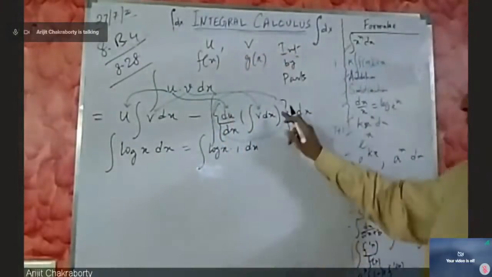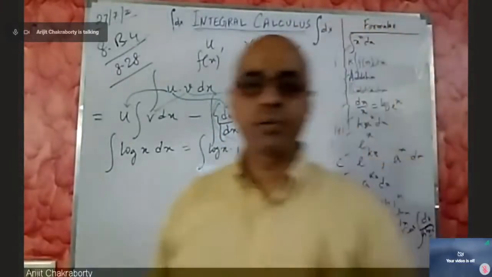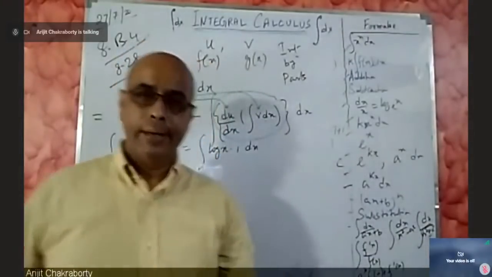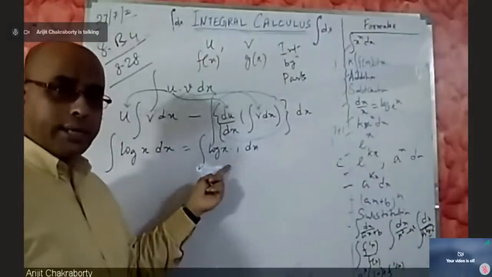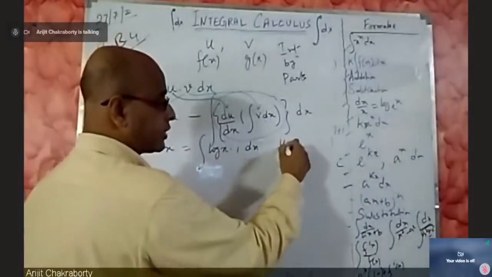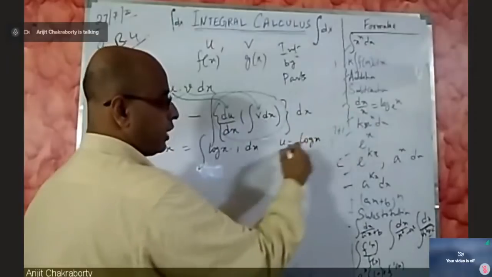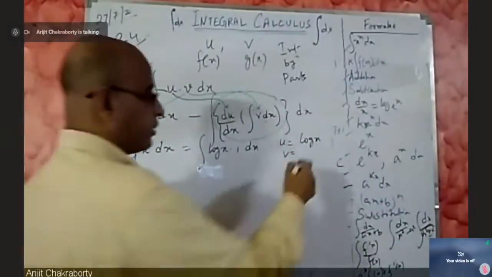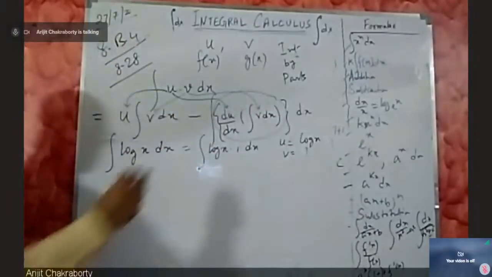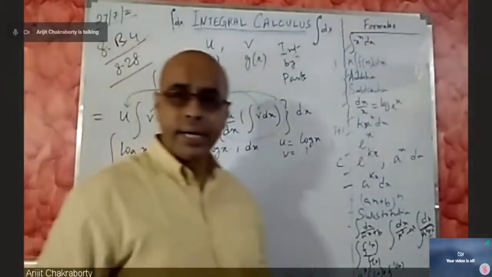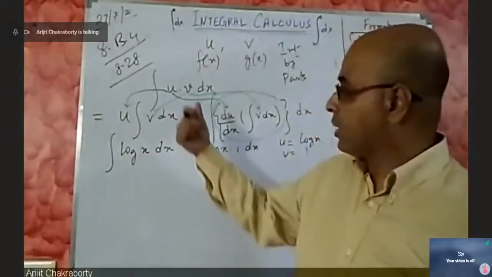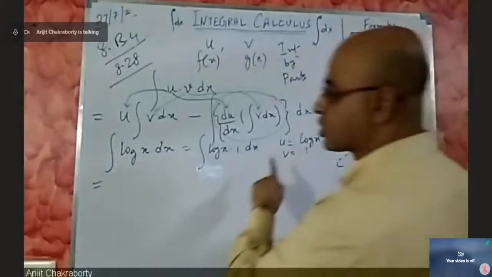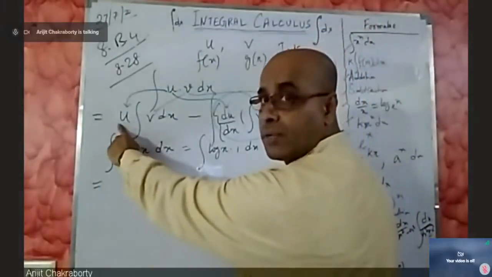Now, I apply integration by parts and I have two functions. One is u and the other is v. I take log x as u. So I write let u equal to log x and let v equal to 1. So v will become 1. Now I apply integration by parts. Here log x becomes the first function, so I bring out u, the first function.